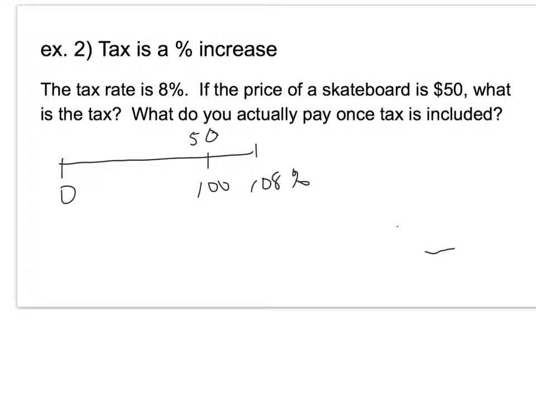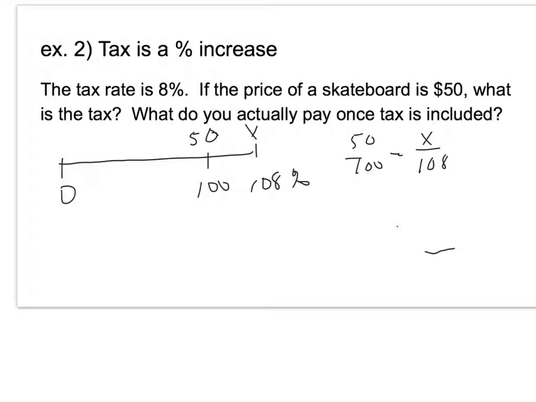So it's going to be basically 8% of 50. Let's just do a proportion. So if we have 50 over 100 is equal to x over 108.